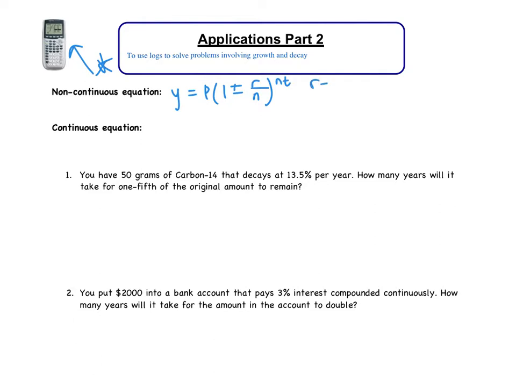R stands for rate, T stands for time. Often the time will be in years, but it could be minutes, months, days. N is the number of times per year that we compounded, and P is the principal amount.